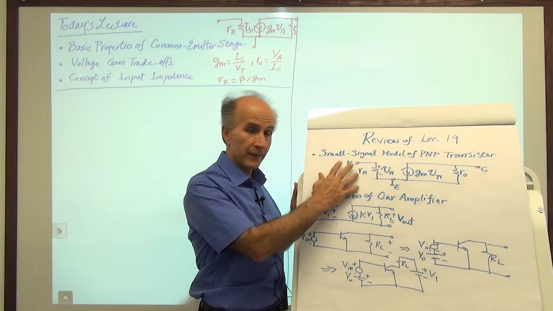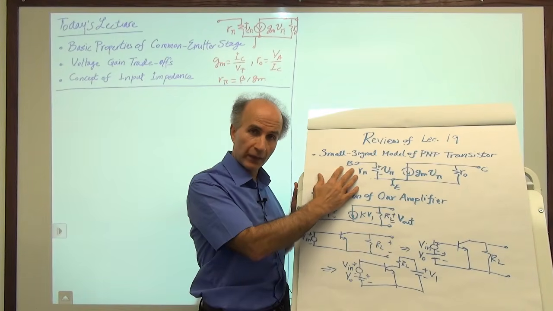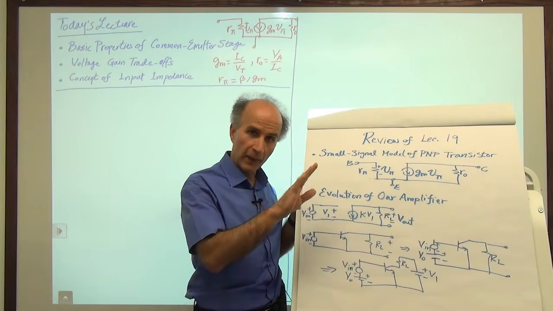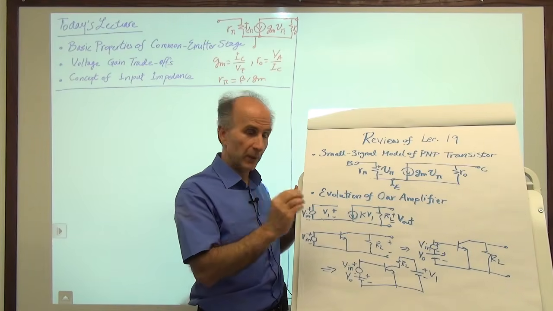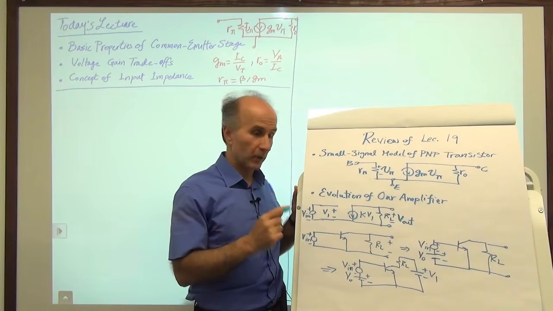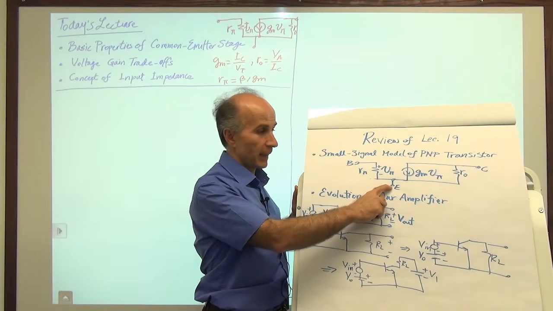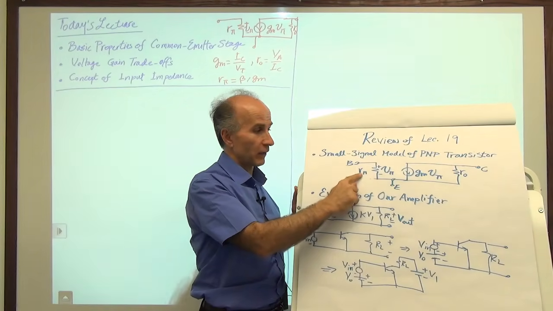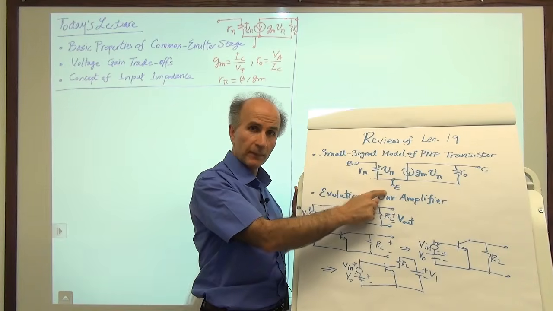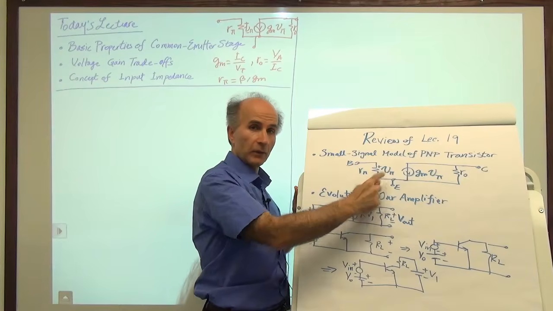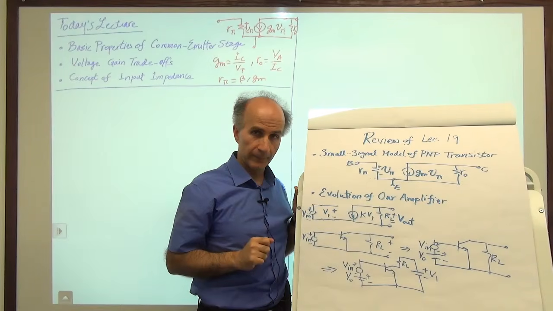So when we draw the small signal equivalent circuit of some complex topology for both NPNs and PNPs, we draw the same structure. Of course, we have to remember that the emitter could be down here or up here. As long as we remember that r_pi goes between base and emitter, and g_m v_pi and r_o go between emitter and collector, we are good.